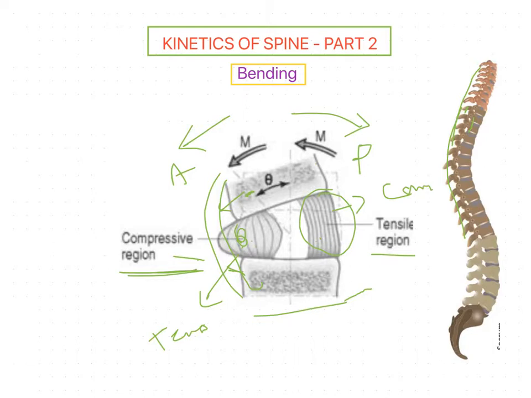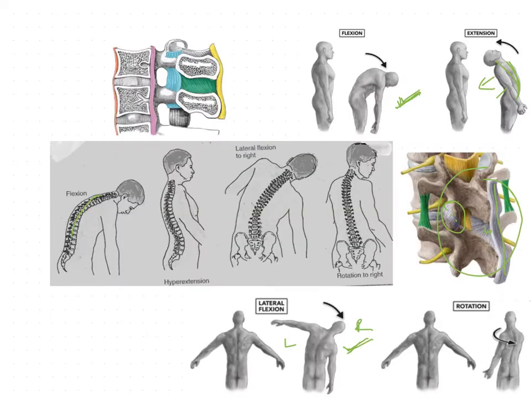Normally the resistance to extension is provided by the anterior annulus fibers. In this mobile segment, we can see the anterior annulus fibers, and also the zygapophyseal joint capsule, and passive tension in the anterior longitudinal ligament.